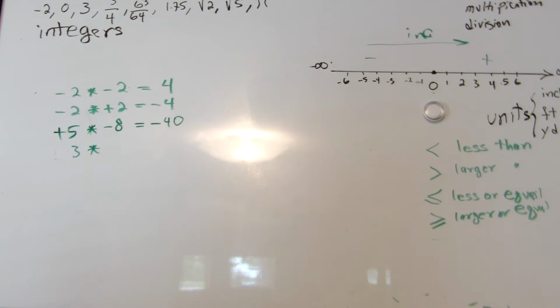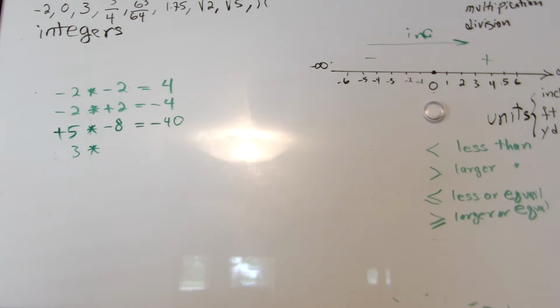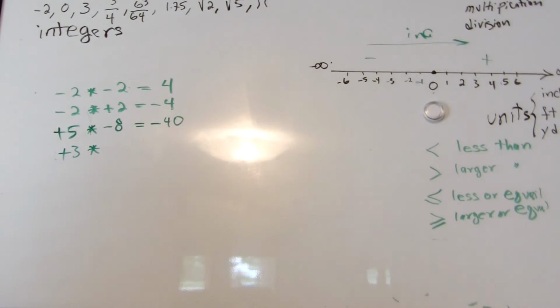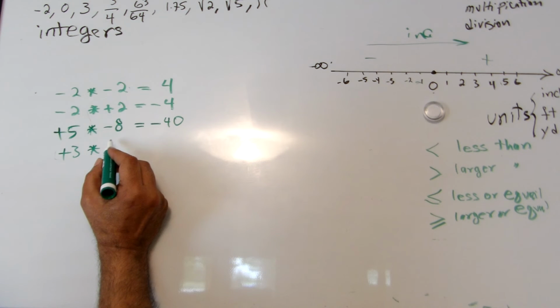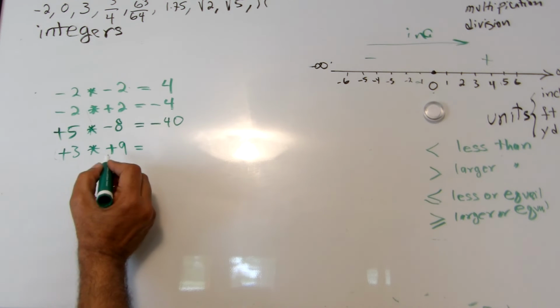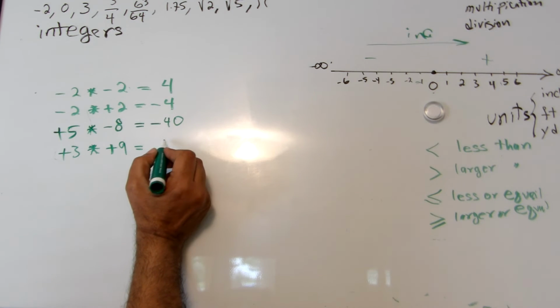We don't write the sign of a positive number. If they're positive, we don't say it, but if negative, we write it. But it doesn't matter, you can say we are multiplying a positive number by another positive number, which is going to be 27.